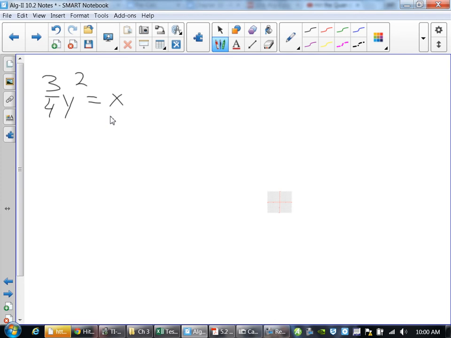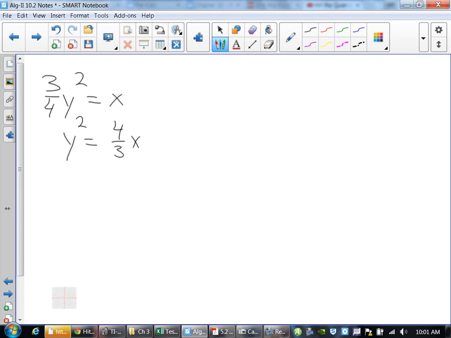I want to get it into the generic form, which is y squared or x squared by itself. This one obviously is a y squared, so it's going to open left or right, depending upon what we set it up as. How do I move the 3/4? By 4/3. Good. So that means y squared equals 4/3 x.